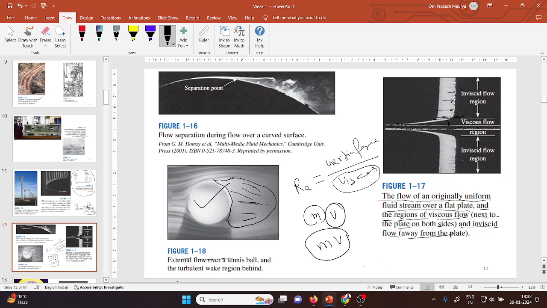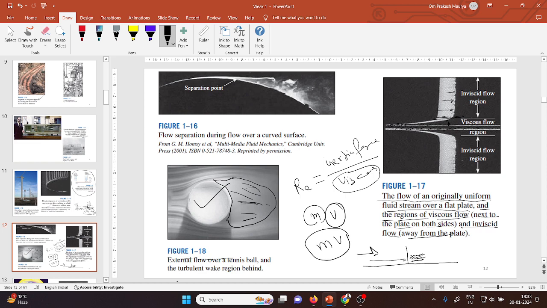Let's suppose a river is flowing, and in the river there is a bridge pier. Water is flowing like this around the bridge pier, so in the downstream of the pier, the wake region will be generated.